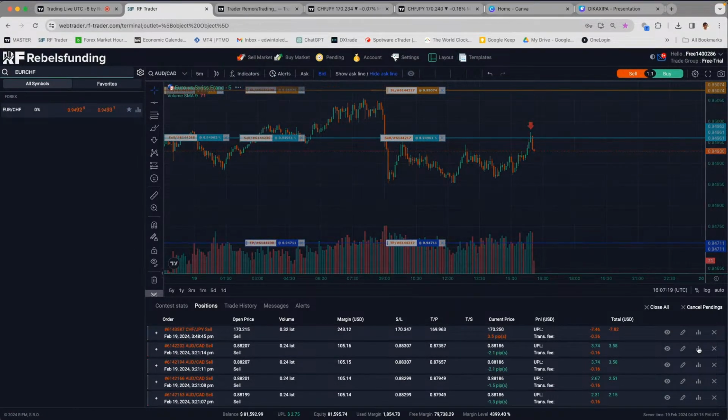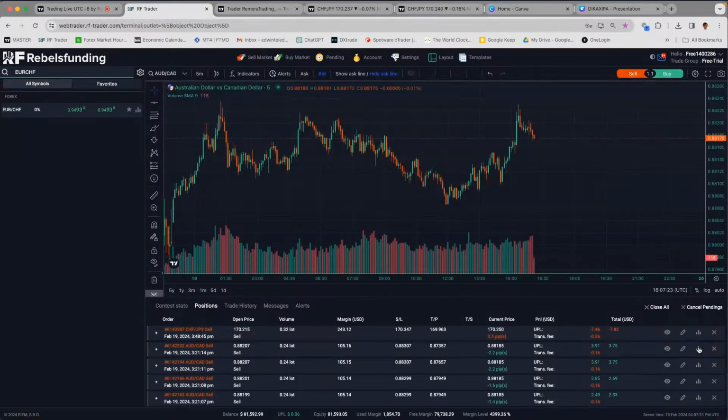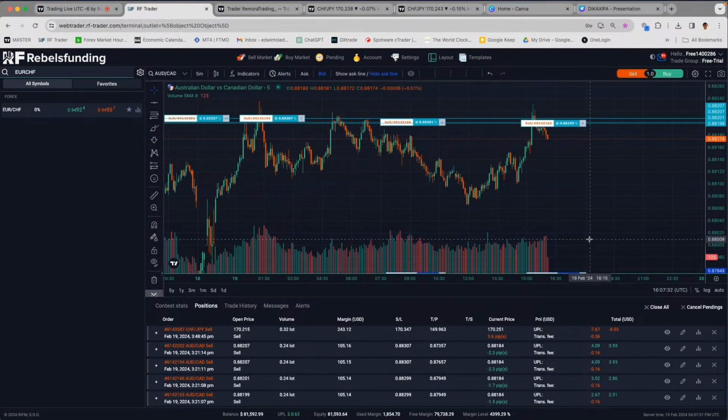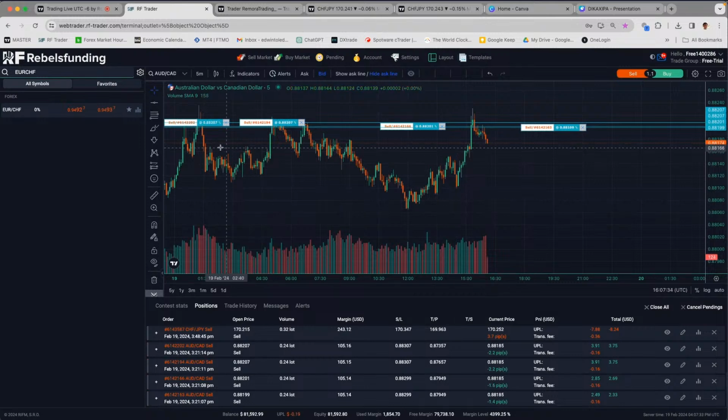Of course, it could reverse. Going well for a while doesn't mean it's going to go wherever we trade, right? But I'm not sure if we entered right here or here. I don't know. Maybe we entered something like here.